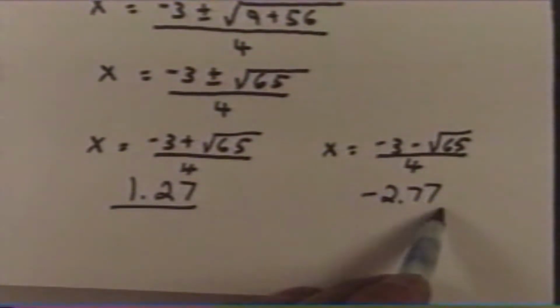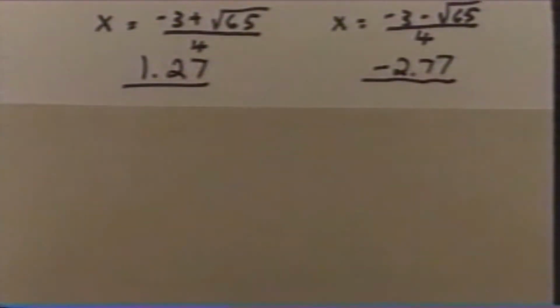So the boundaries are 1.27 and negative 2.77. Now place the numbers on the number line.